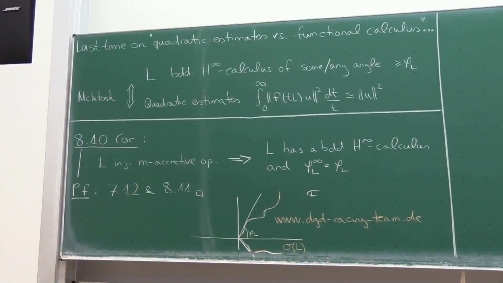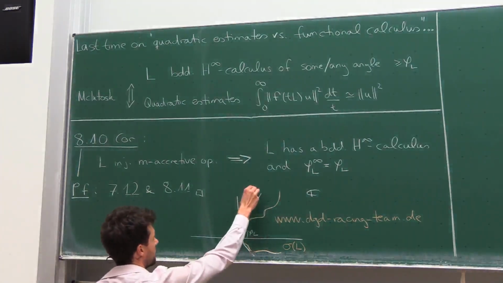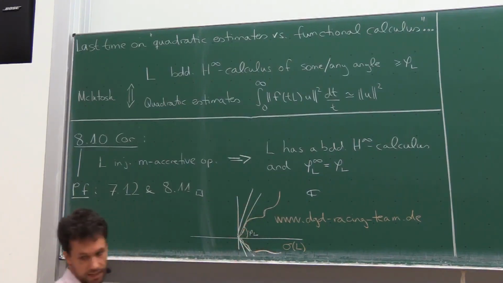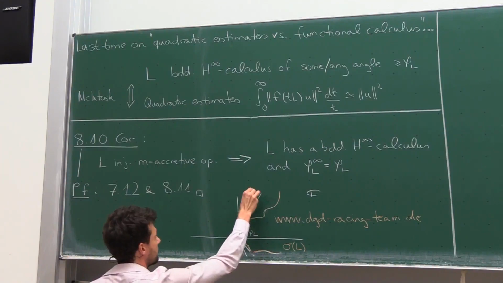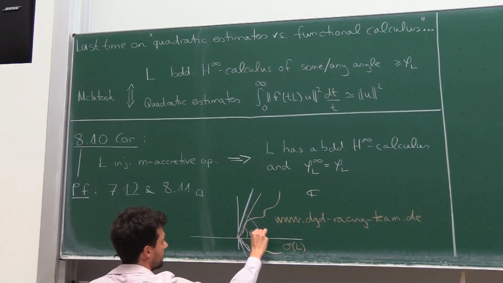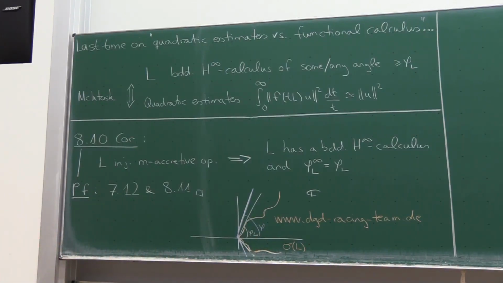The important thing I want to tell you is, now imagine that I have a holomorphic function f that is living on a slightly larger sector. I'm going to use some other color for that. Imagine this angle here is an angle phi between the angle of sectoriality and pi over 2.